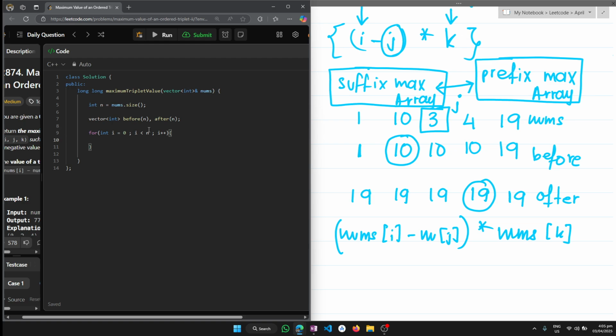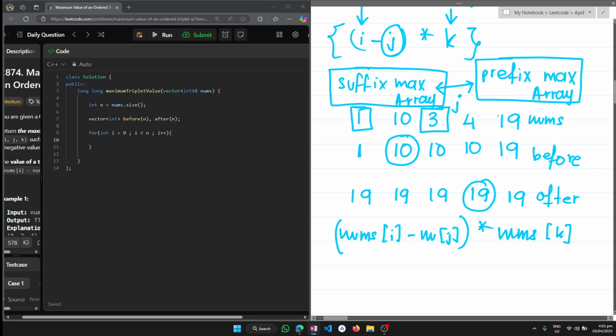If you think about it, you're never going to take either the first index or the last index as j. Why? Because you want a k and you want an i. You won't fix j as the very first number, because then how are you going to select i? Similarly, you are not going to fix j as the last number, because then how are you going to get k?